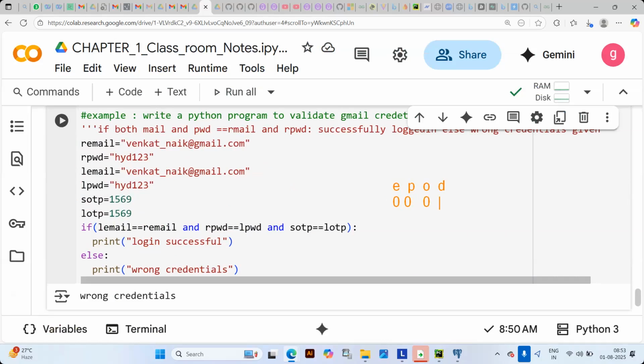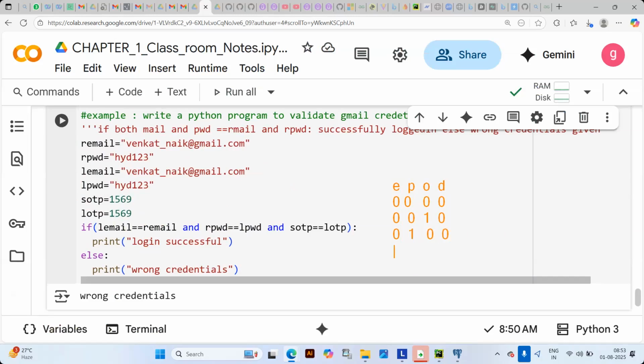The decision is going to be wrong credentials, because all three are false. 0, 0, 0 gives wrong credentials. 0, 0, 1 means only the OTP is given right; obviously the result is going to be 0, which means wrong credentials. Then 0, 1, 0 means only the password is given right.